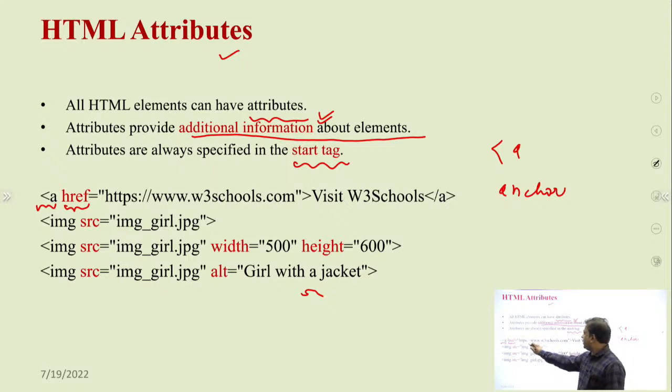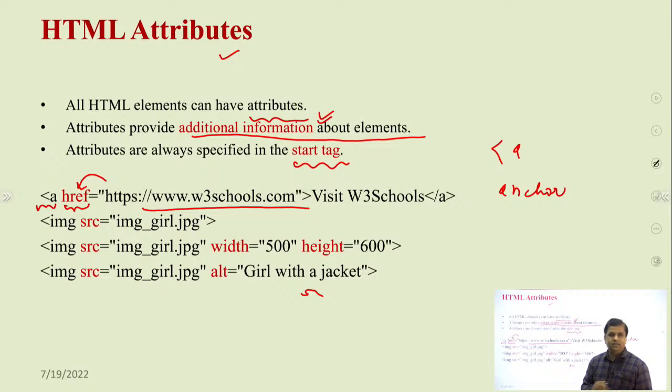Anchor this website with which reference? With this address. Reference means whenever I click on this text, it will move to, or refer to, or point to this page, that is www.w3schools.com. So this is additional information, that we can visit another web page with this text.